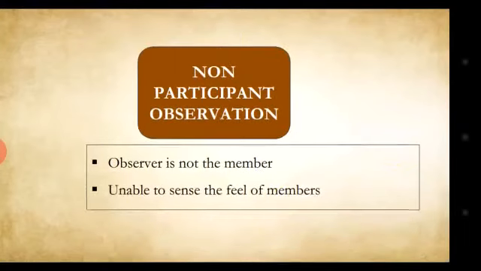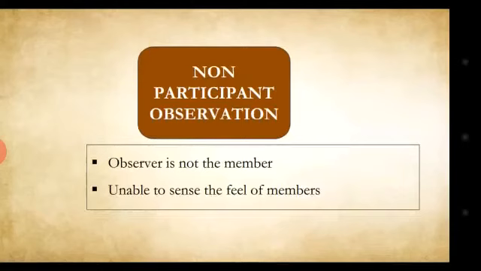Now we'll move on to non-participant observation. It's very simple. Here the observer is not a member, so obviously he will not be able to sense the feel of the members. Maybe, for example, the same example given for participant observation: instead of the coach being a member, if the coach simply observes without being a part of the game, just monitoring how the game is taking place, he is not a member.